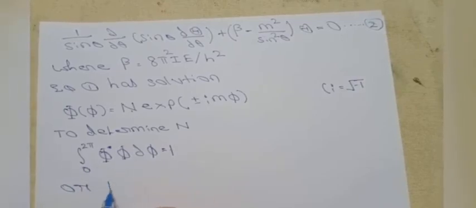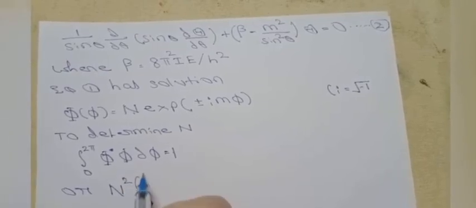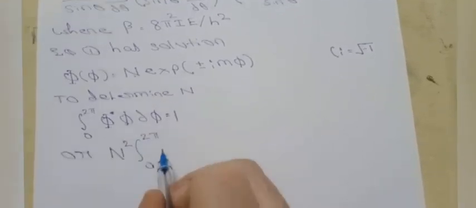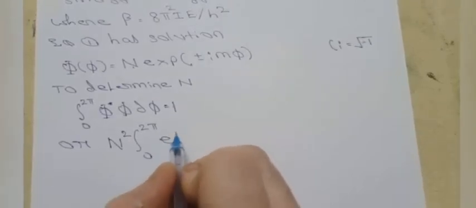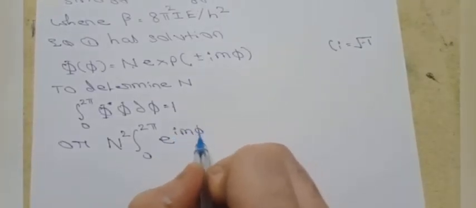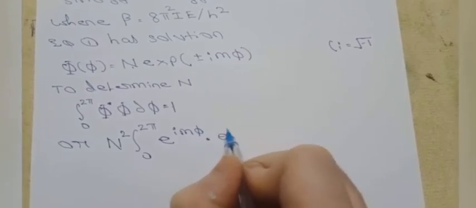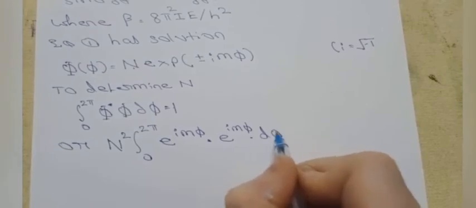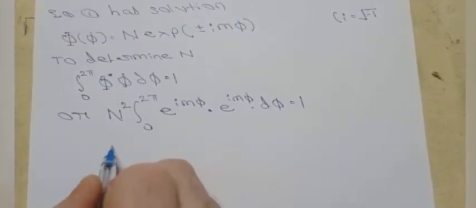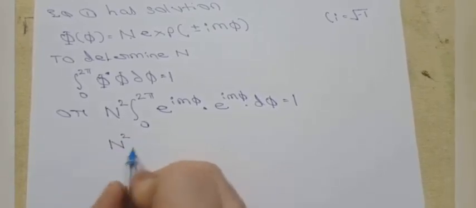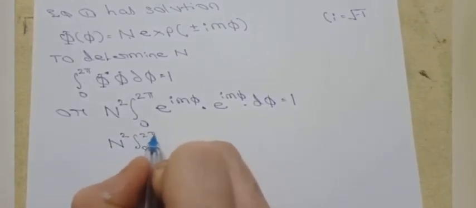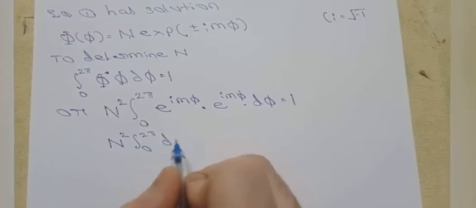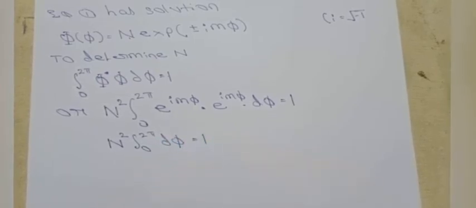Substituting, where N is a constant, N square times the integral from 0 to 2 pi of e to the power of minus i m phi into e to the power of i m phi d phi is equal to 1. So N square times the integral from 0 to 2 pi of d phi is equal to 1.